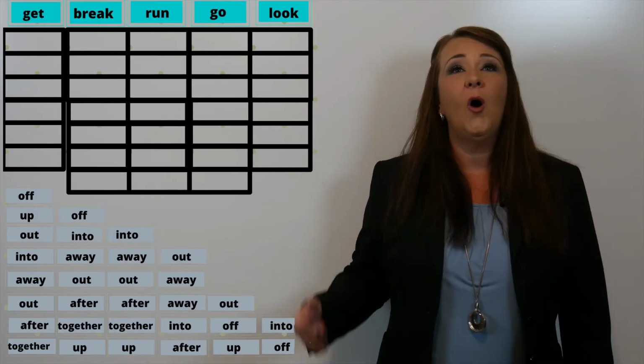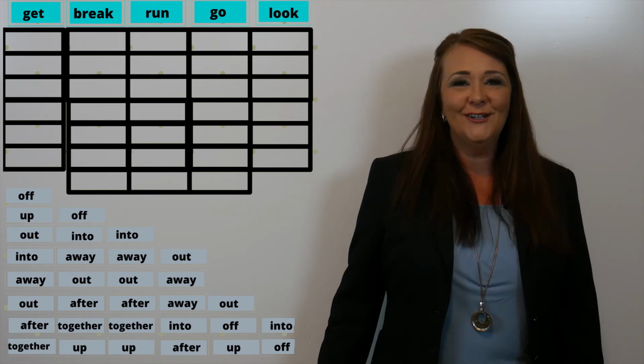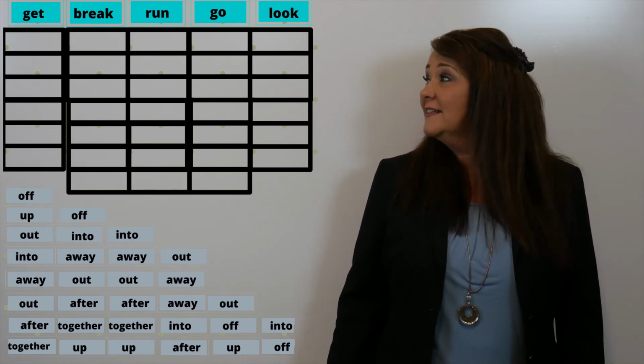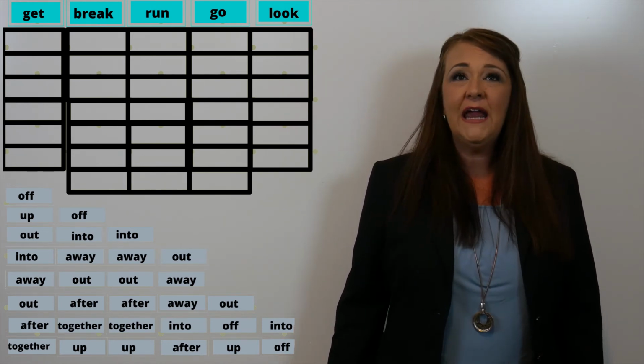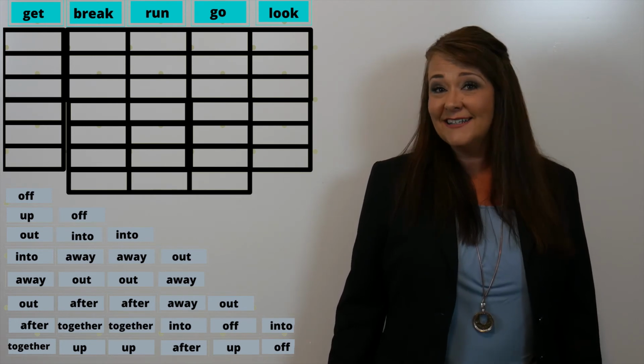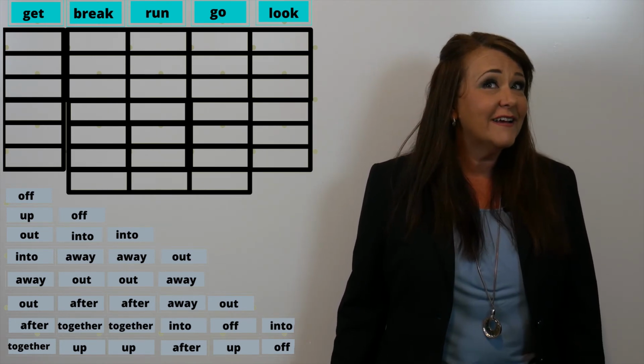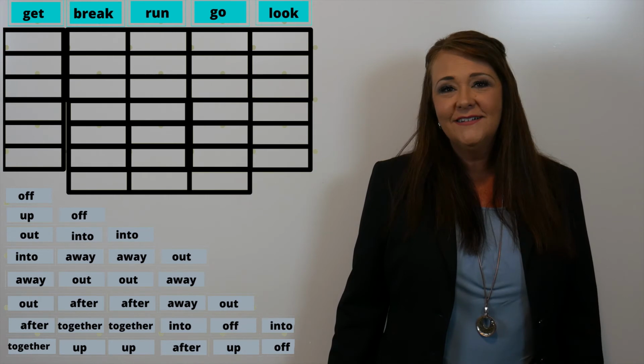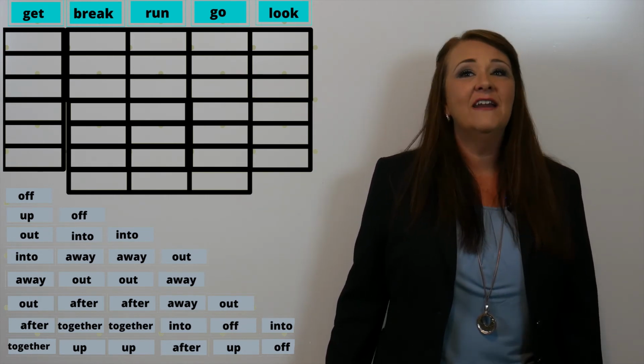So we had some practice with some of the phrasal verbs from the passage. As you can imagine, there are many more phrasal verbs in the English language. What you see now on your screen is a little chart. At the top of the chart, we have the verbs get, break, run, go, and look.